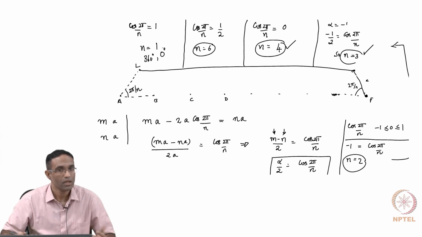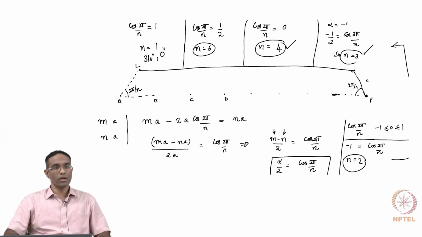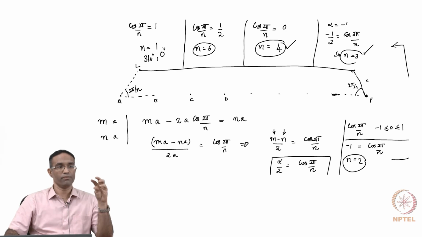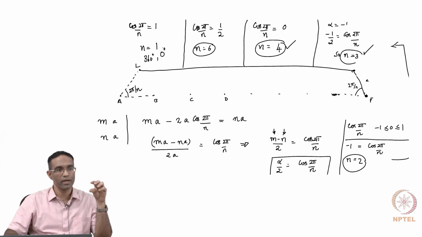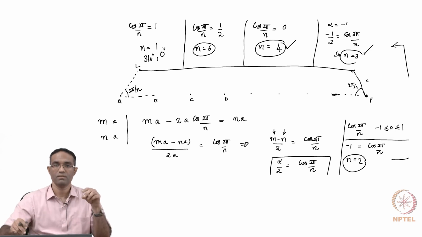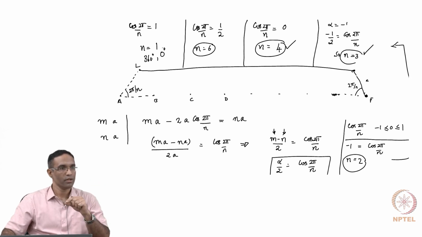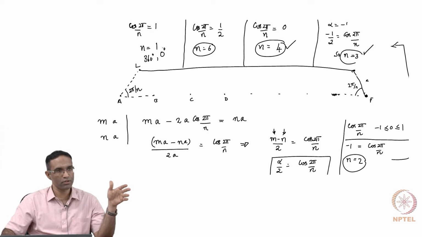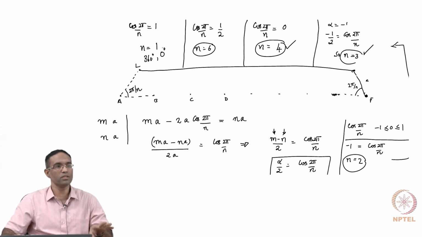Is that clear? Now, one of the things that you should understand is the motif that I am going to place at the lattice point is not restricted by these angles. What is restricted is the lattice points itself. If it has to be a 2-dimensional lattice extending to infinity in 2 directions, then the only rotations which will allow that sort of a lattice to exist are these rotations.